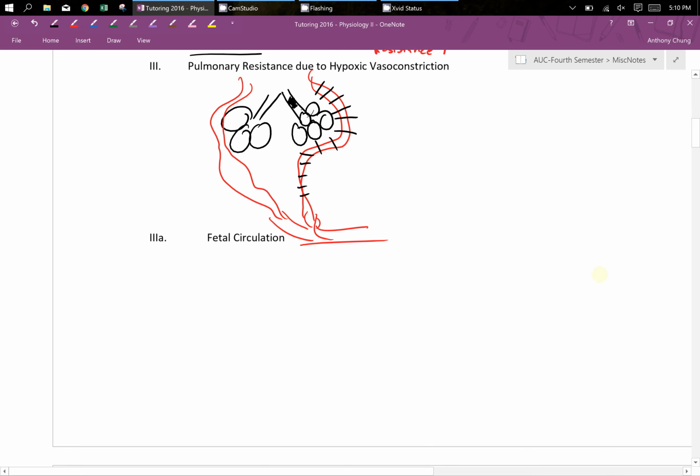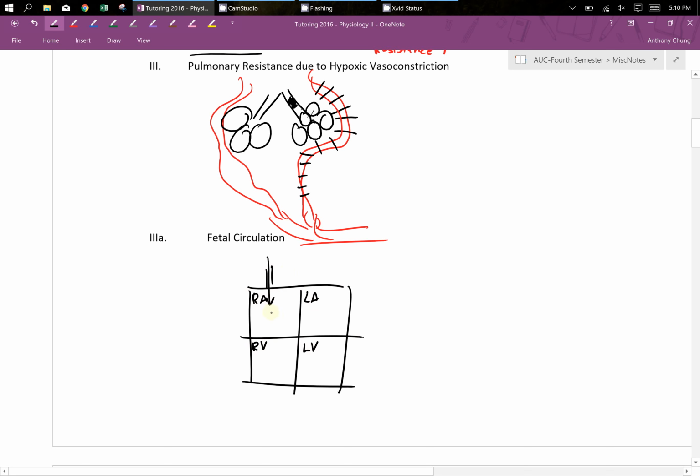So in fetal circulation, you're going to see this a lot in block 3, so I want to just show you a good way of depicting heart stuff. So this is going to be your right atrium, this is going to be your left atrium, this is going to be your right ventricle, this is going to be your left ventricle. And what happens is you have input of blood going through the vena cava.